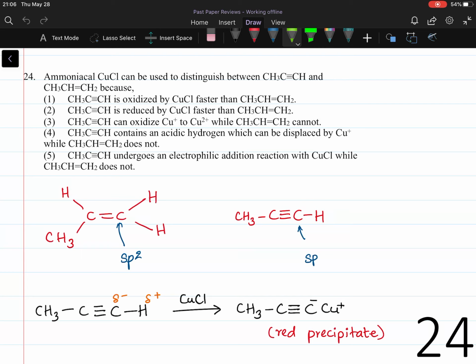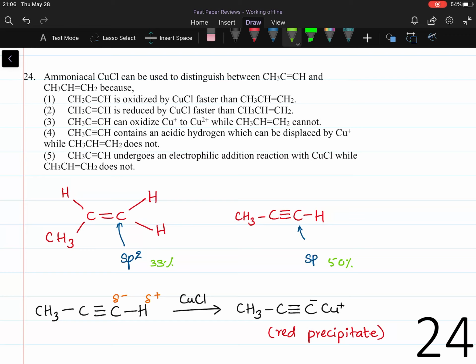We know that the sp2 has 33% S character, whereas sp has 50% S character, which means the bond electrons in the alkyne carbon are closer to the protons than the bond electrons in the alkene carbon, placing the bond electrons in the alkyne in a lower energy state, which in turn makes the anion a more stable anion than the anion made by the alkene.